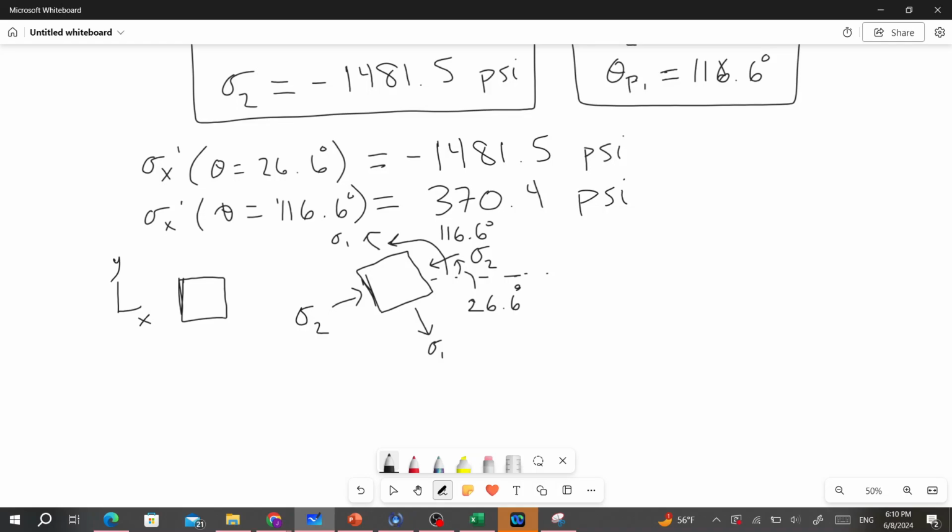Okay, so that's everything we need to know about maximum and minimum principal stresses and how to get the angles of rotation that correspond to each of those. So now let's move on to calculating the maximum in-plane shear in the xy coordinate system.